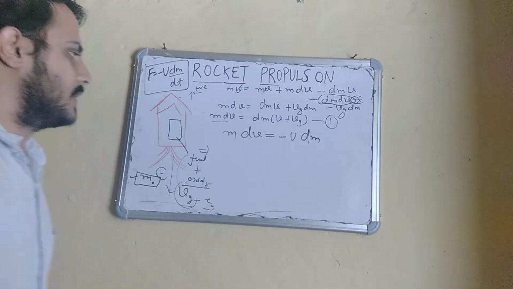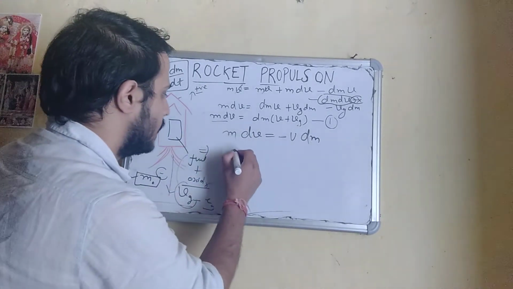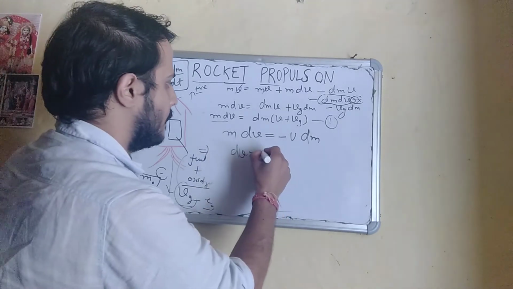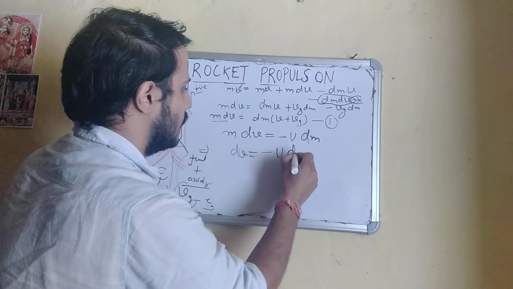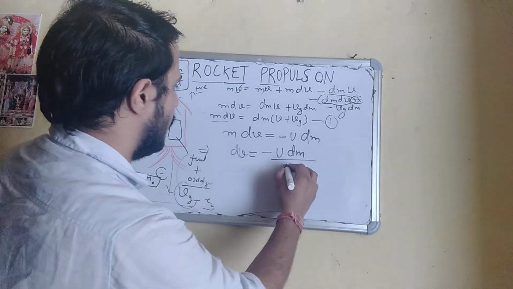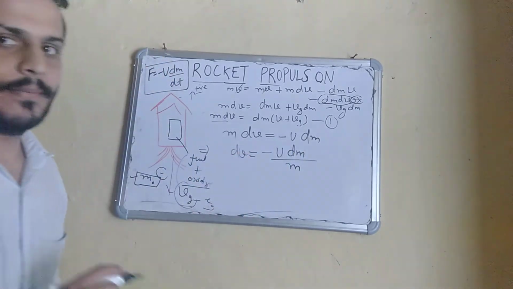Okay, this was the expression. ये भी हमने यहीं से derive किया है. We want the velocity. Okay, so we just write it as dv is equal to minus u dm by m. Okay, m मैं नीचे लेके आया, dv is equal to minus u dm by m.